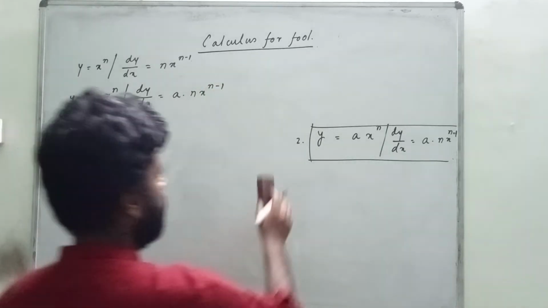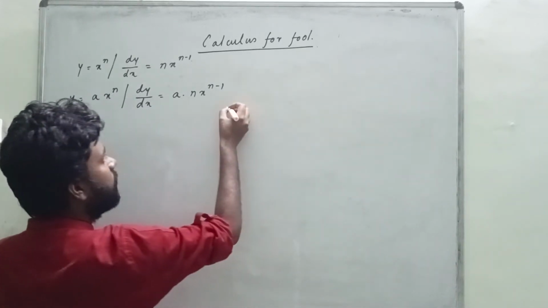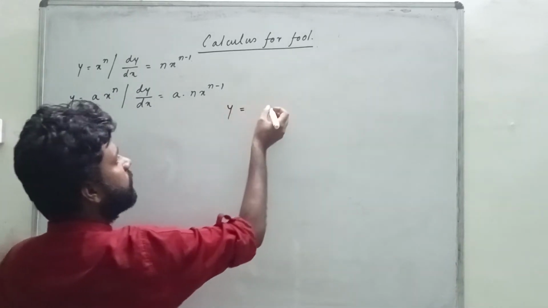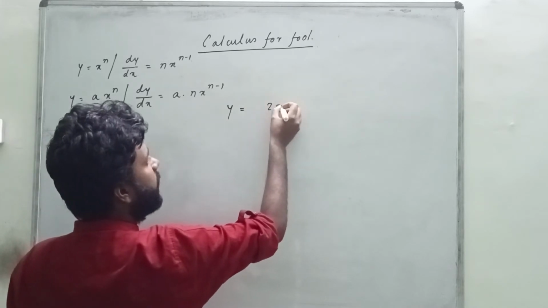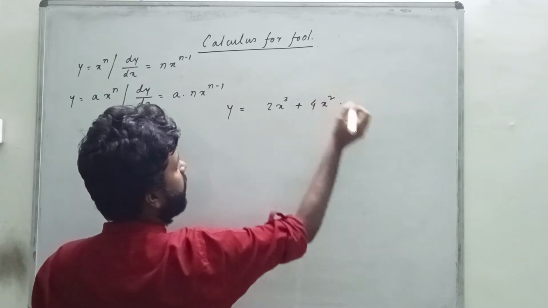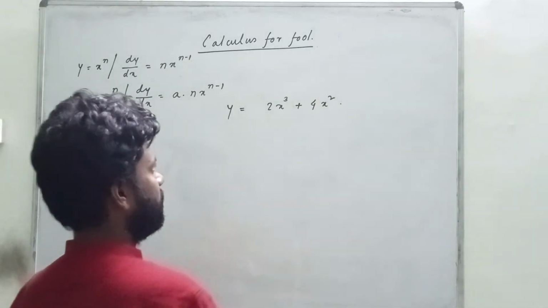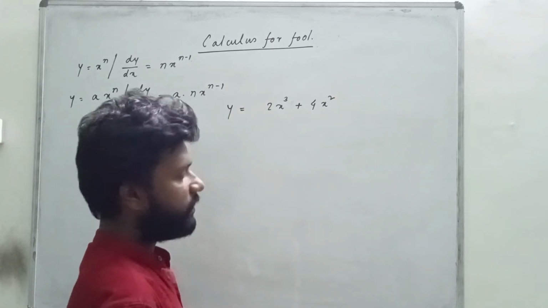Okay. Now what will happen if y equals 2x cube plus 4x squared? What will happen? So the same way I will proceed.